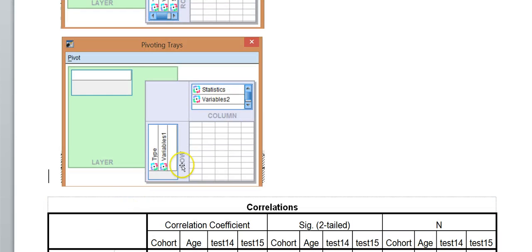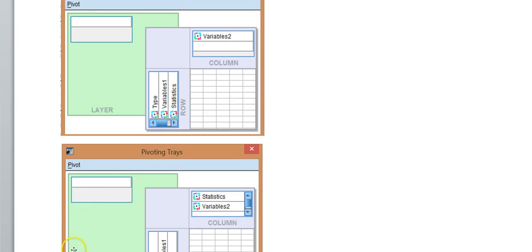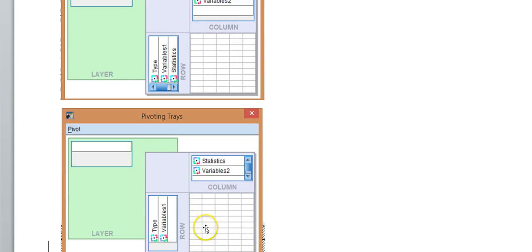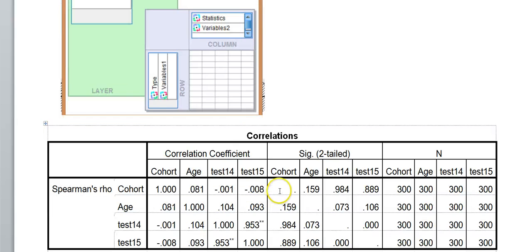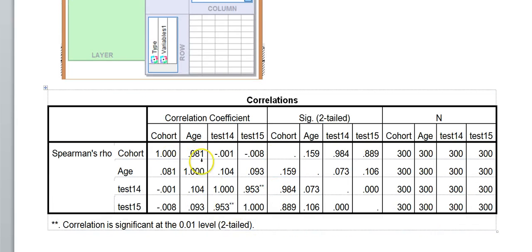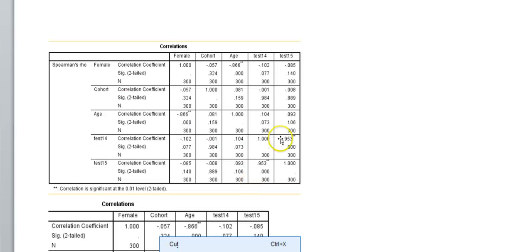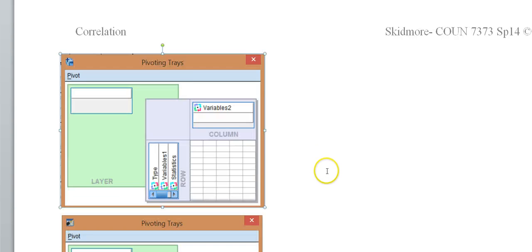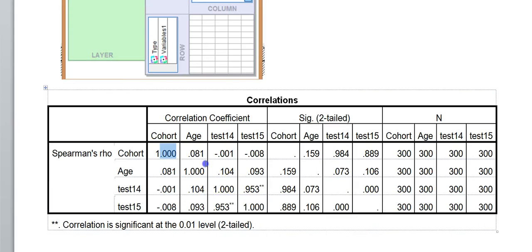So all I did was I grabbed the statistics, which was here, and I click on it and drag it above the variables, and that allows the table to turn from this table, where you have the p-values and n's directly under each of the ones, instead of what you want, which is a nice clean table where you have the relationships listed there and the p-values and the n's are somewhere else.